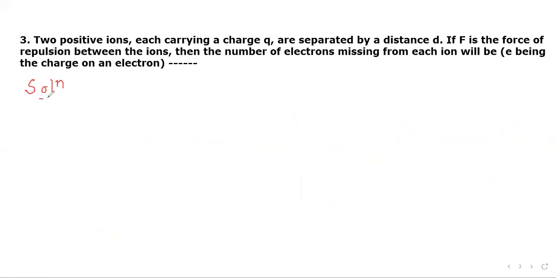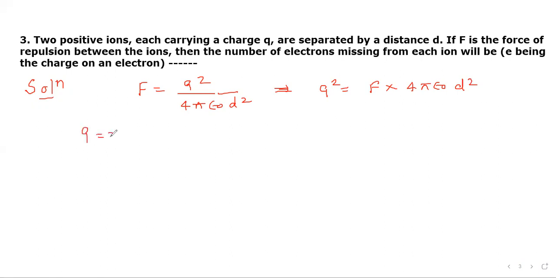Let's consider the solution. So here F equals Q square divided by 4 pi epsilon naught, where the separation is D, so D square. Now we write Q square equals F times 4 pi epsilon naught D square, but Q equals N E, quantization of charge.